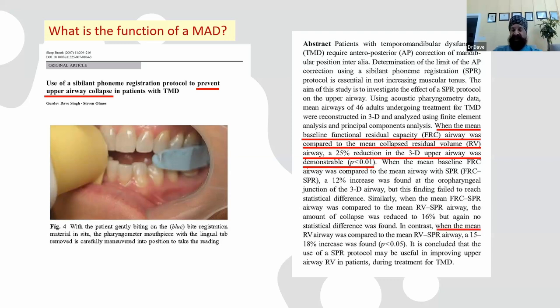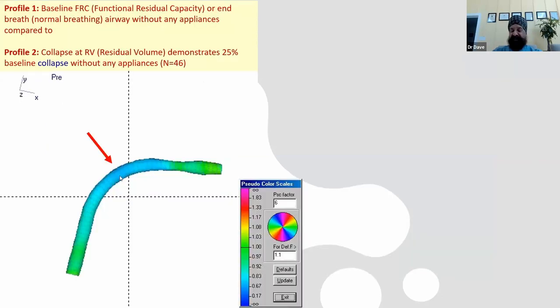The jaw has been manipulated specifically based on the speech. And what we found is that when you compare the mean residual airway, look at the residual volume with no device versus residual volume in the phonetic position, there's a 15 to 80% increase in that airway volume. So here it is again, comparing the functional residual capacity with the residual volume.